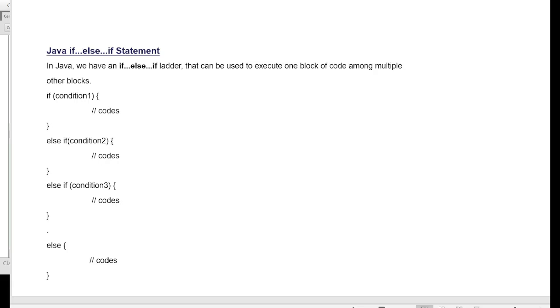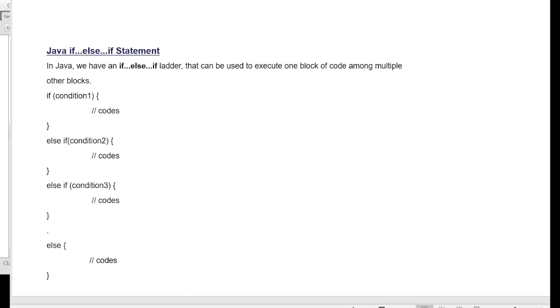If again condition 2 is false, then it will move on to the next else if part where condition 3 will be checked. If condition 3 is true, then code will be executed.